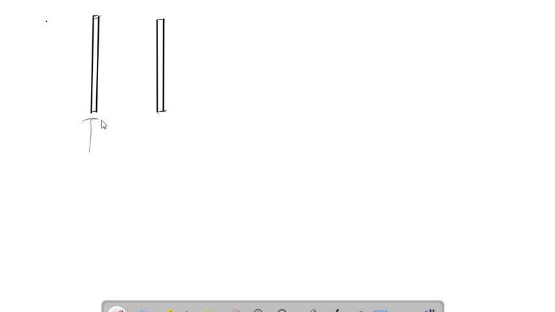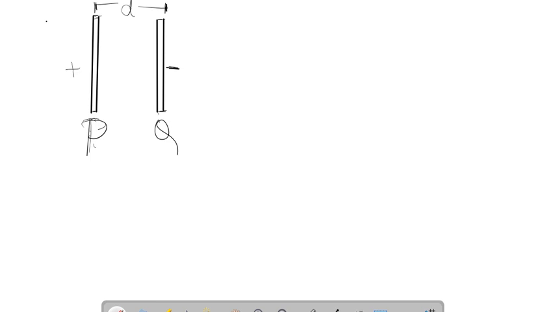Suppose I consider this is P and this is Q, which is having the positive charge, and this is having the negative charge. The separation between the two parallel plates is given by D. The capacitance of the parallel plate capacitor I have derived in vacuum, between the plates of the capacitor.